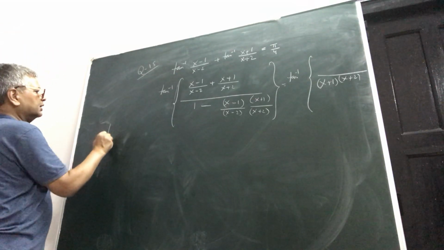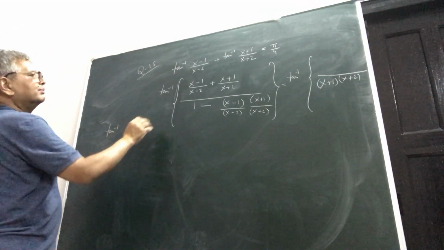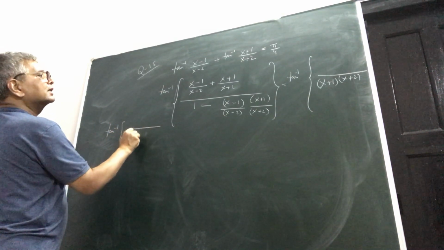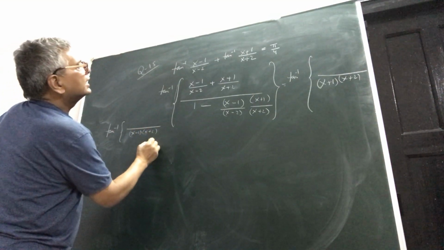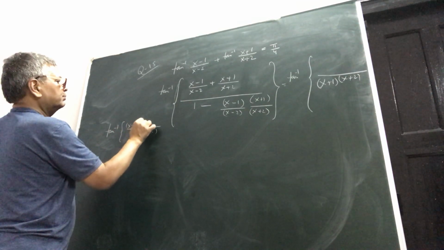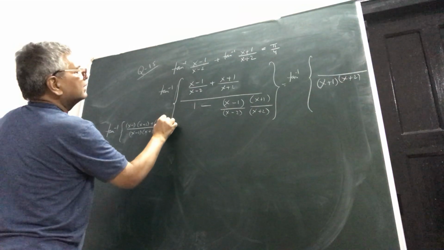Okay, so it is what? Tan inverse. Now you will add them. So on addition, what will you get here? You will get x minus 2 times x plus 2 in the denominator, and in the numerator x minus 1 into x plus 2 plus x plus 1 into x minus 2.